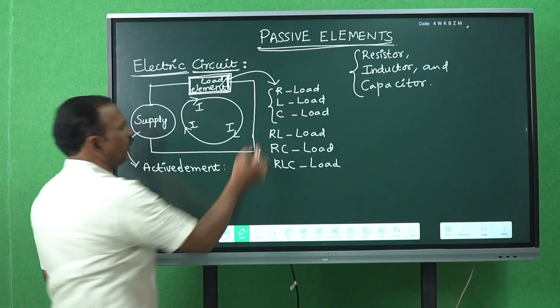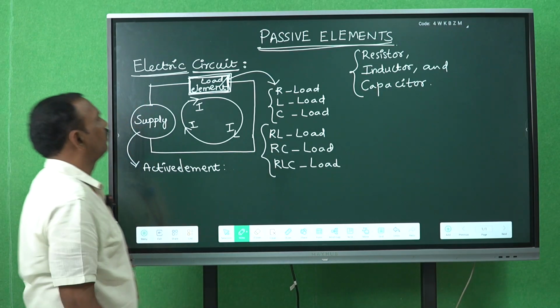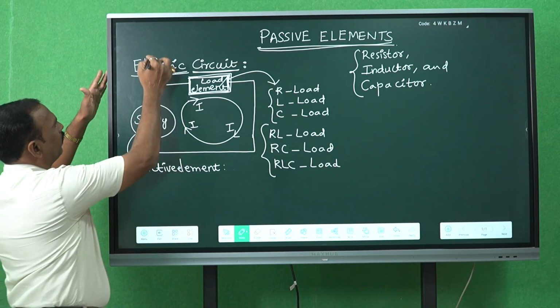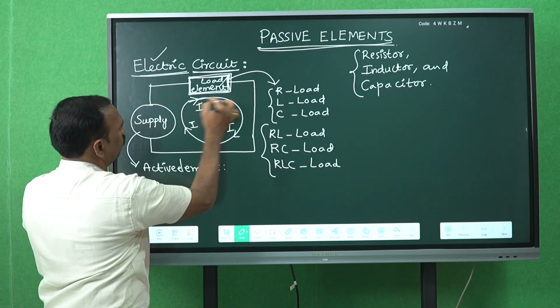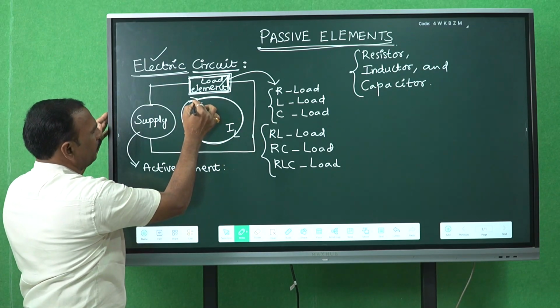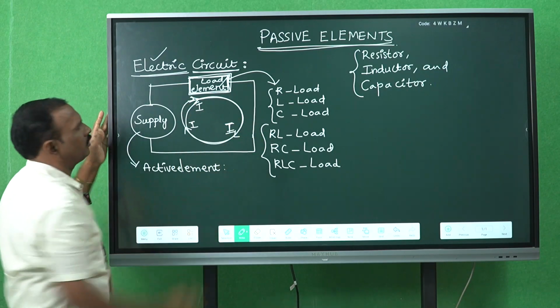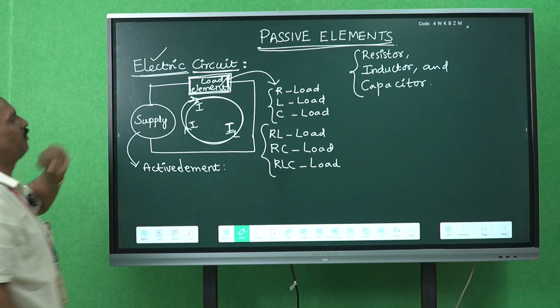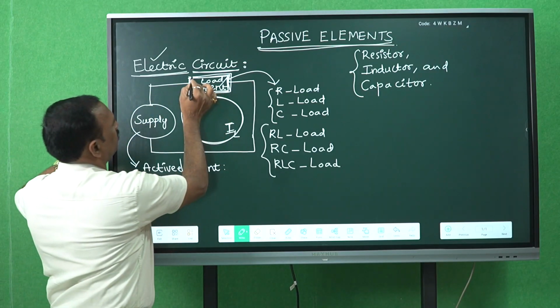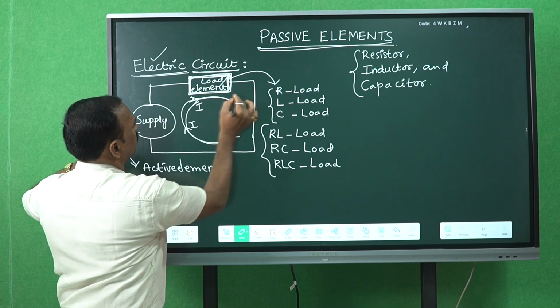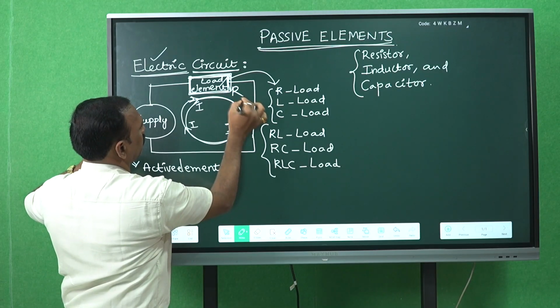The loads are any of these. Electric circuit means a closed path followed by electric current. For example, let us assume that the element is a resistive element R.